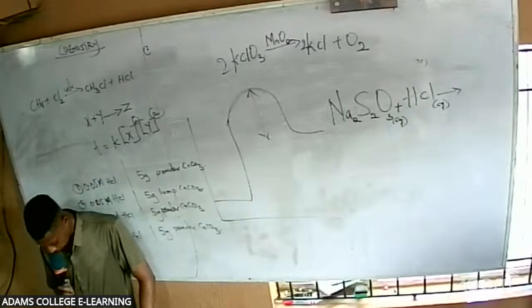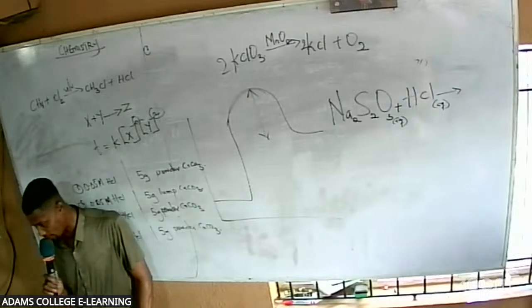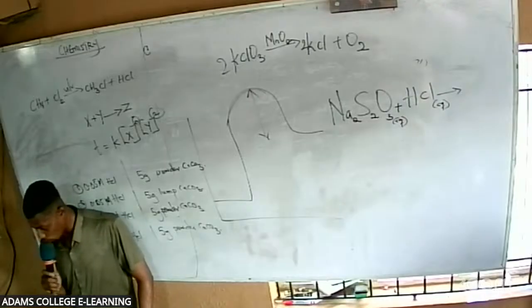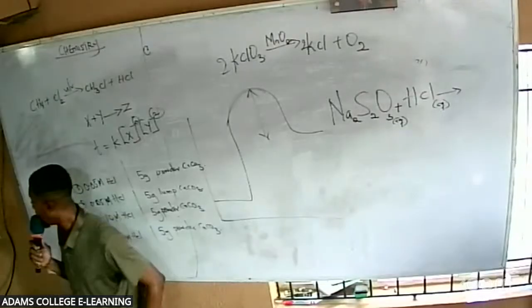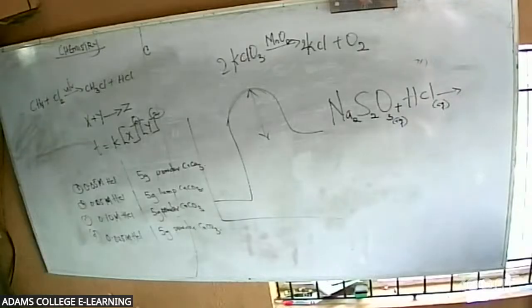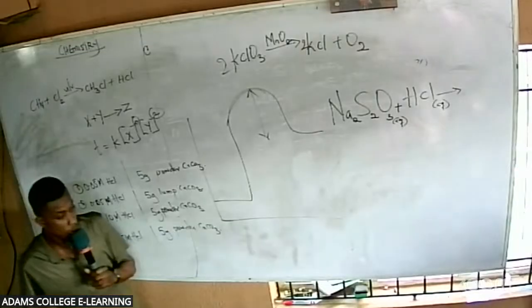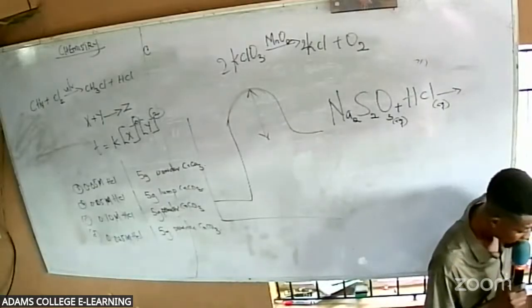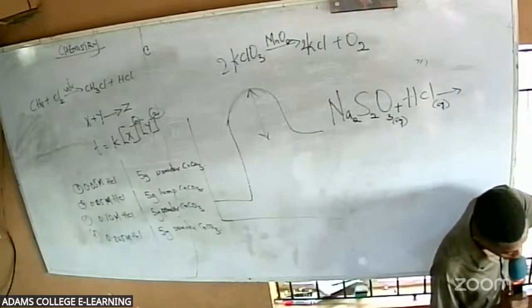I'll take the question again. Carbon exists naturally in combined state. So the answer is what? Coal is an amorphous form of carbon, which means it is made up of only carbon.